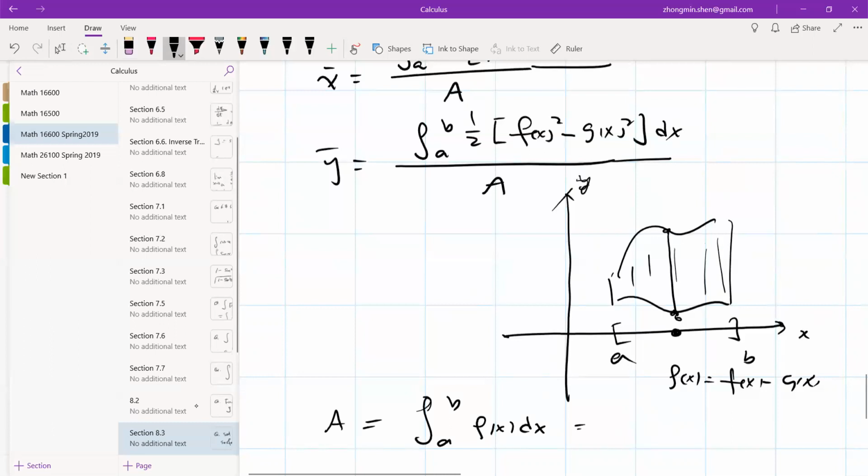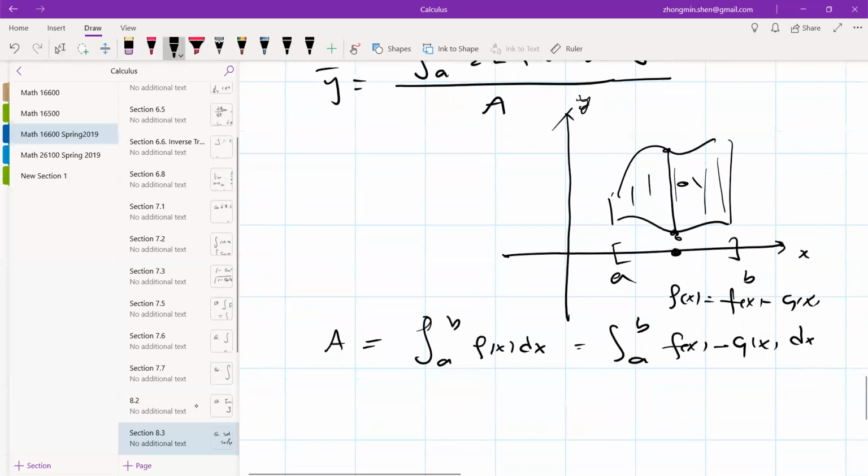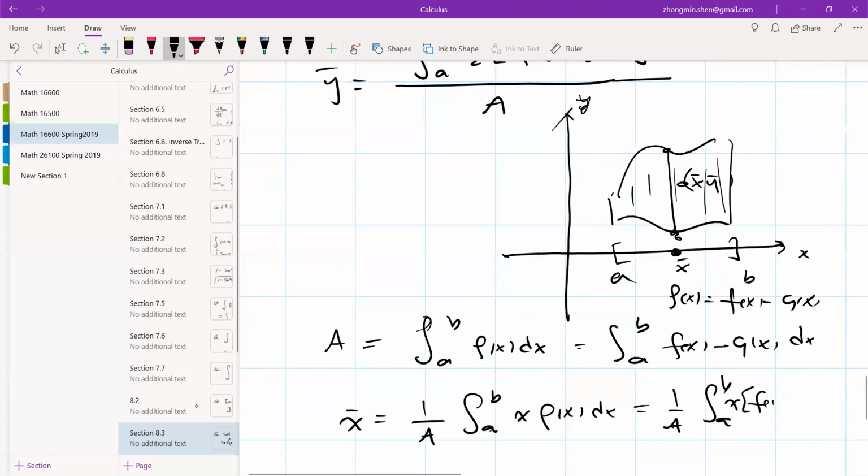That is nothing but the integral of the difference of these two functions. If x bar, y bar is the center of this domain, then the projection of the center on the x-axis will be x bar. X bar should be the center of mass of this interval with the density function. So that's the reason it's going to be 1 over A times the integral from a to b of x rho of x dx, which gives you f of x minus g of x.